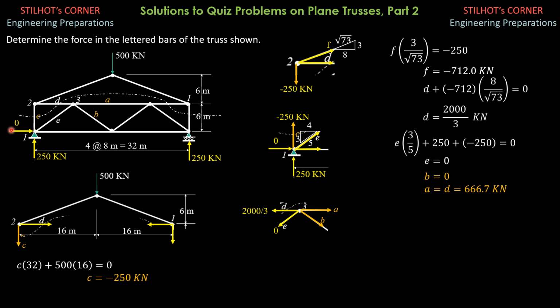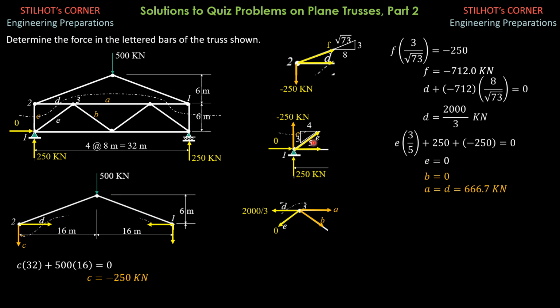Then we draw the FBD of this joint. So the horizontal component of reaction at the support is 0 because there is no inclined load. Then this is the force C, member C, negative 250. This is the horizontal member, that joint. Then this is the member E with slope 8 horizontal, 6 vertical. That 8, 6 can be reduced to 4 horizontal, 3 vertical.